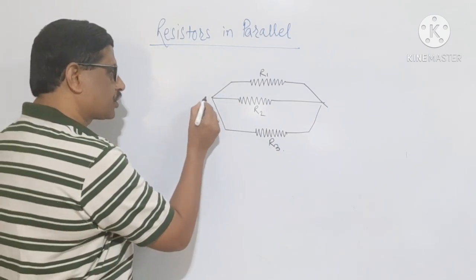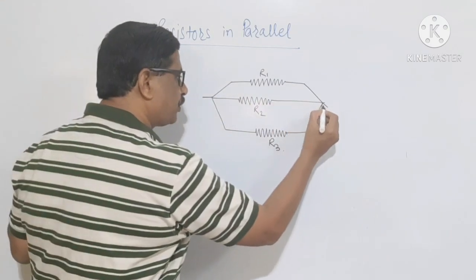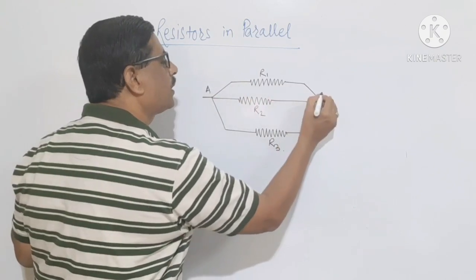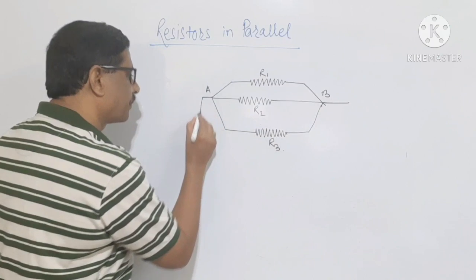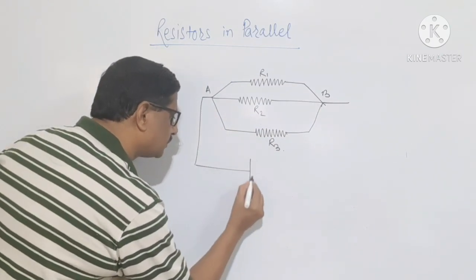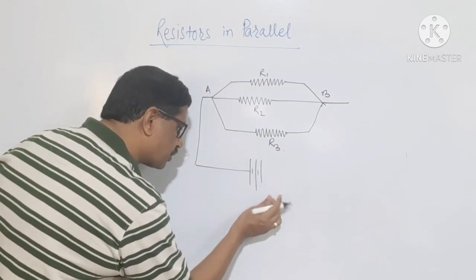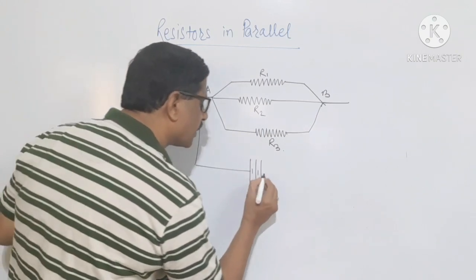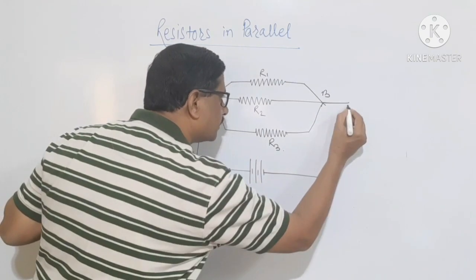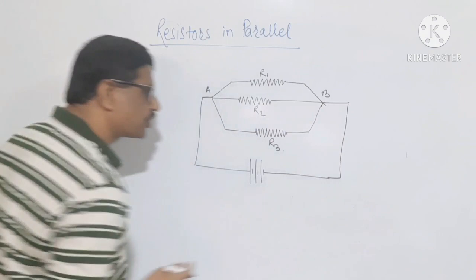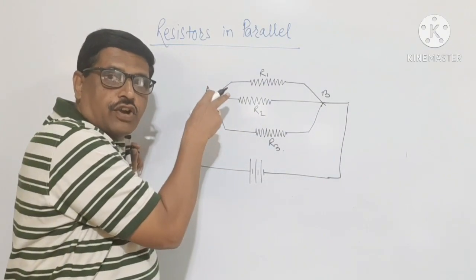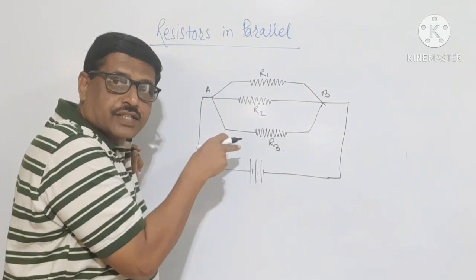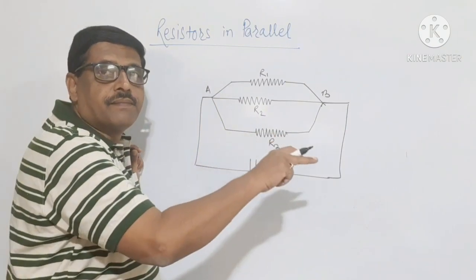All the three resistors are connected in between two points A and B. And a source of EMF, a battery, is connected across the ends A and B. Then this combination of resistors is said to be connected in parallel.